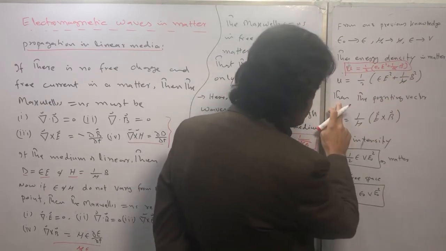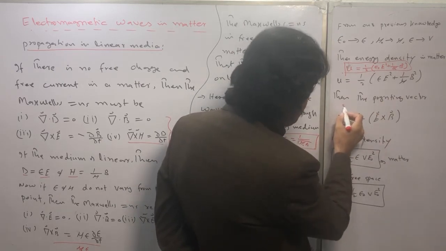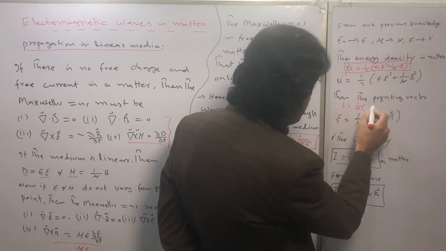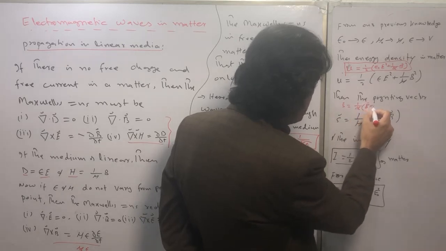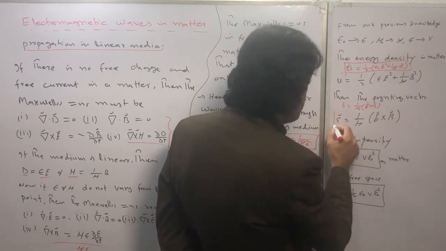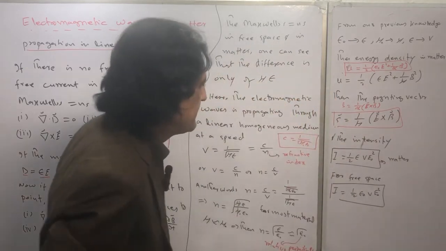Similarly, the Poynting vector for free space is equal to 1 over mu naught times E cross B. If we replace mu naught by mu, this is the Poynting vector in matter.